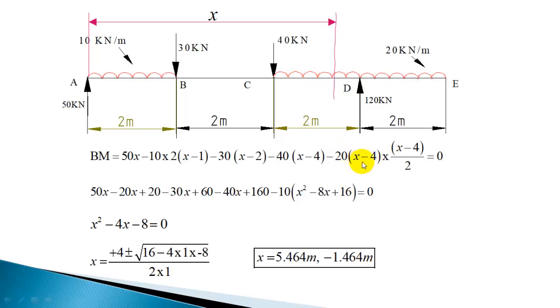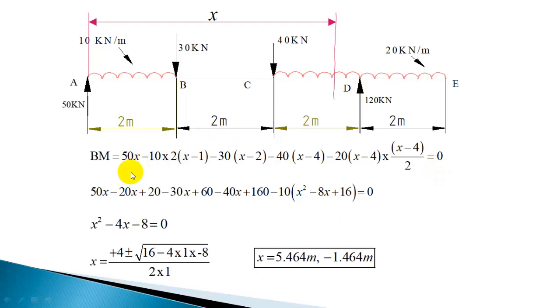So 20 into x minus 4 gives the load, and the resultant load will act at the center of this distance, so x minus 4 divided by 2 will be the distance. This is the centroid of the load, the distance of the centroid of the load from the section, x minus 4 by 2. X minus 4 is the length, 20 intensity into the length x minus 4, and the centroid of that load is x minus 4 by 2. So that will give the bending moment equation.